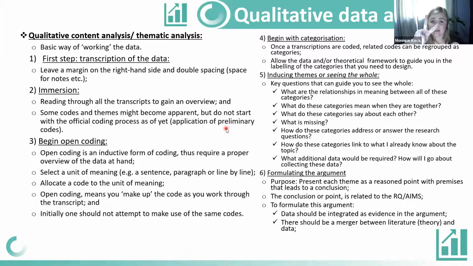You can have two levels of coding, where you only identify codes and themes. Or you can have three levels of coding, where you have codes, these codes are then categorized into categories, and these categories are then categorized into themes. That would be the third level of coding.